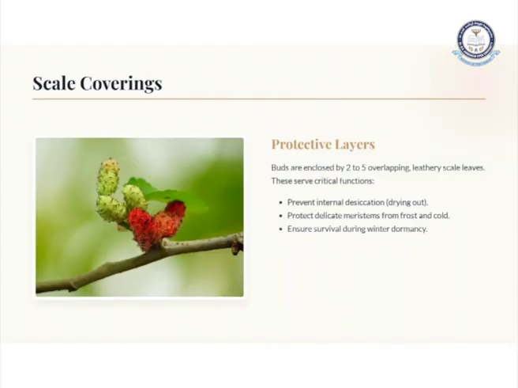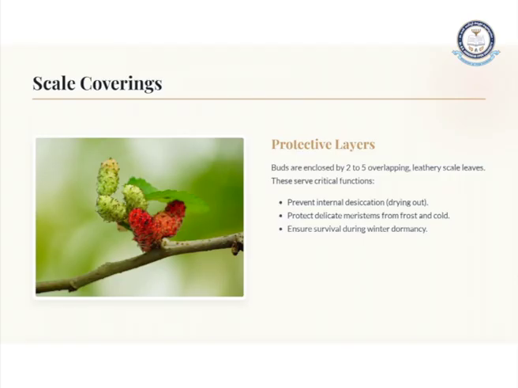Next, we have the scale covering. The major function of the scale covering is protection. That means buds are enclosed by 2 to 5 overlapping leathery scale leaves which serve critical functions. It prevents internal desiccation.